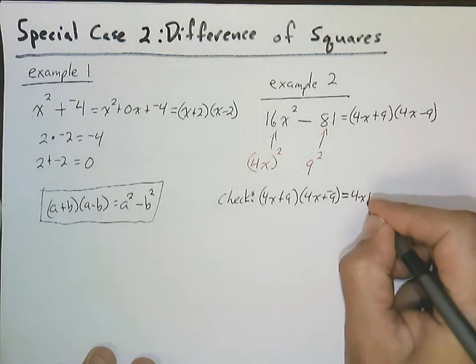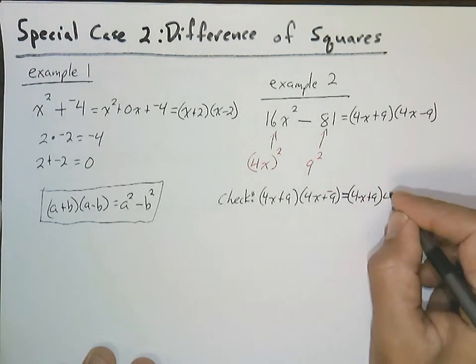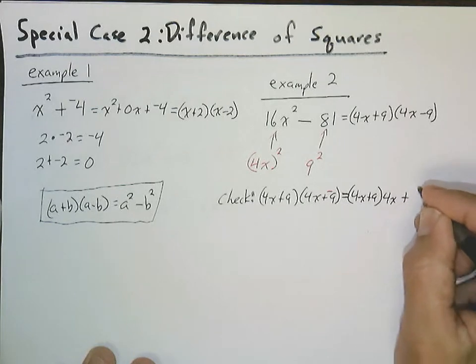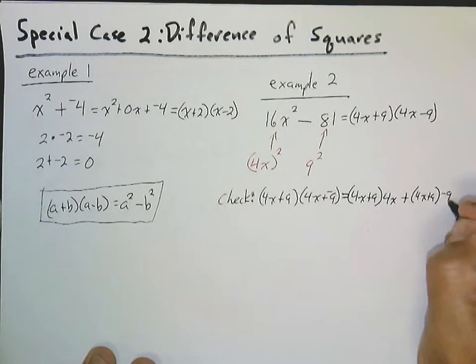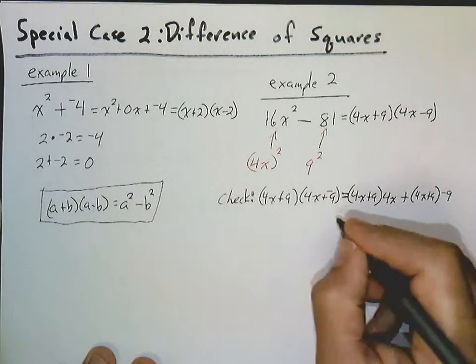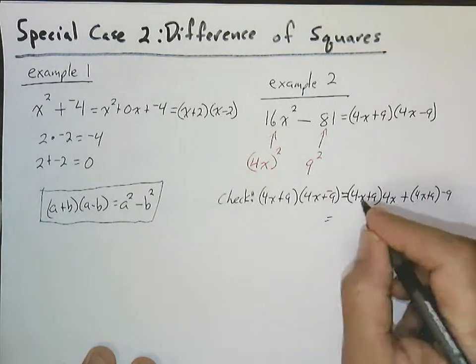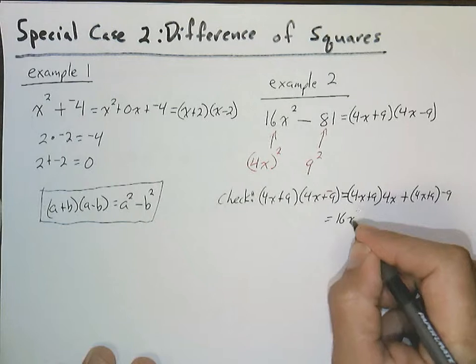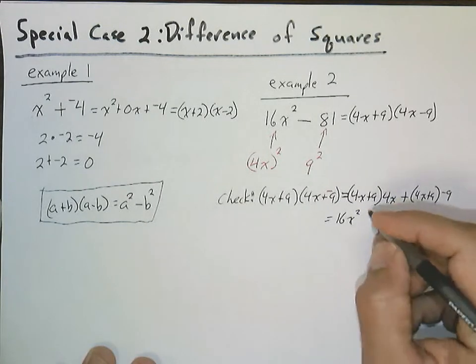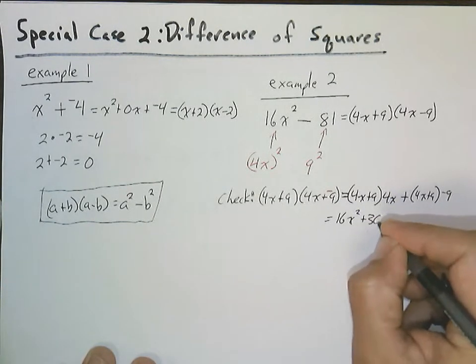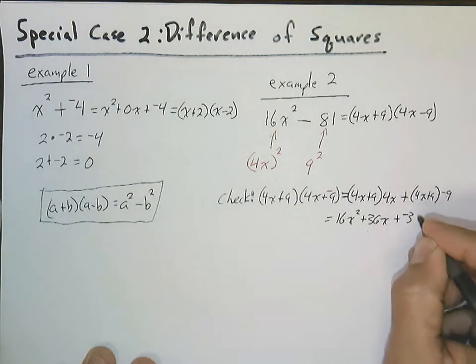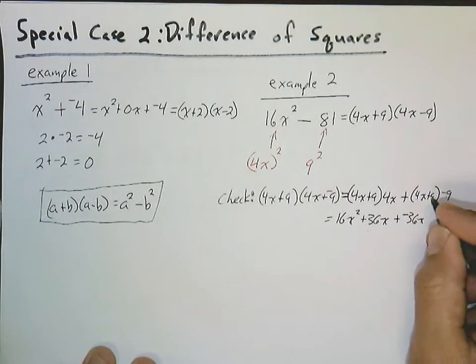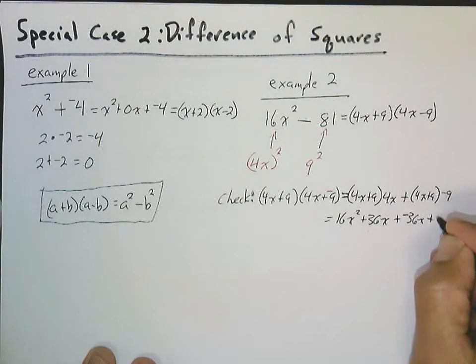So this is 4x plus 9 times 4x, plus 4x plus 9 times negative 9, which is equal to 4x times 4x, our 16x squared. 9 times 4x is 36x. 4x times negative 9 is negative 36x. And of course, 9 times negative 9 would be negative 81.